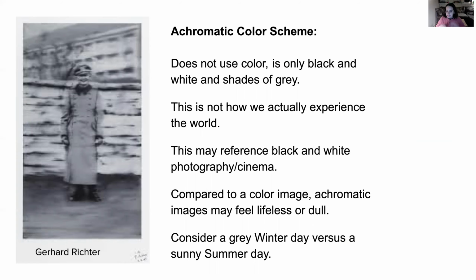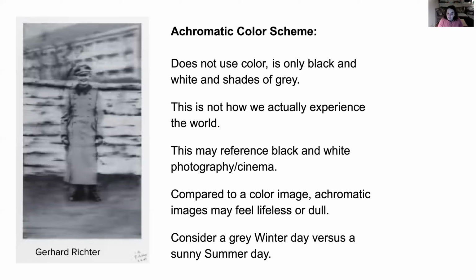Even though there's paint in these colors, we're kind of talking about paint and light. So we don't experience the world in an achromatic color scheme. We see things in color. The only times we do see black and white is in photography and cinema. So old cinema, old photography before they invented color was in black and white.